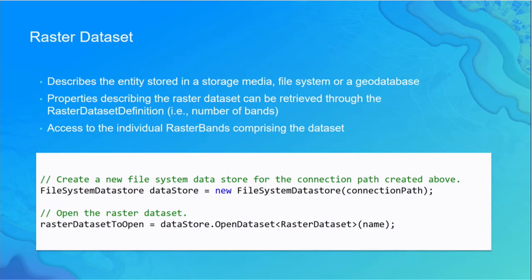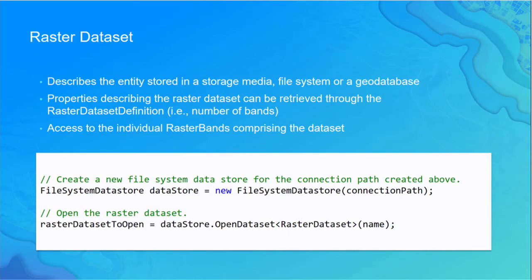It gives you the name or the properties for the raster dataset, a name and the number of bands. And from there on, you can drill down further because a raster dataset has one or more bands. And then from the bands themselves, you get to the mean cell size, the height and width, the pixel type, and so forth.